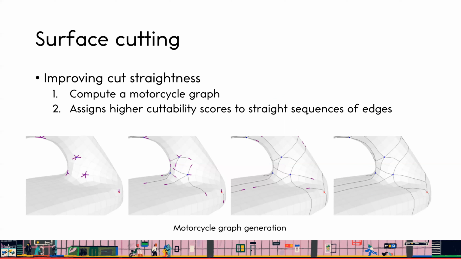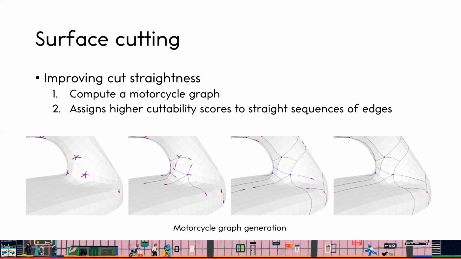To further improve the cut selection, we first improve the cutting straightness by discouraging sequences of boundary edges that are zigzagging. To achieve this, first our system identifies the irregular vertices. From each irregular vertex, we emit n particles called motorcycles, one along each edge.